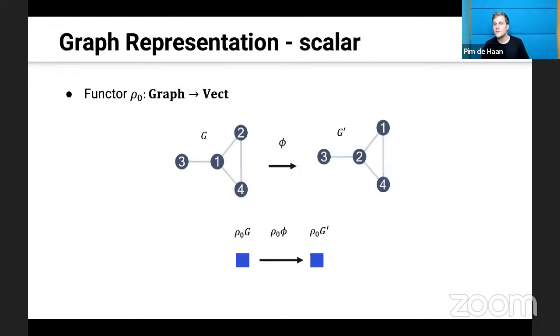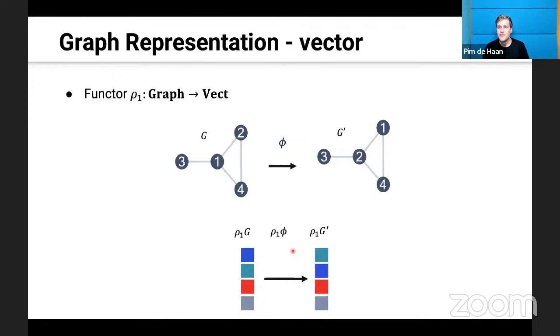Now we can construct some functors on this groupoid of graphs. A simple example is a scalar. So we can assign to a graph just one real number, and we can assign to any graph isomorphism the identity map between the real numbers.